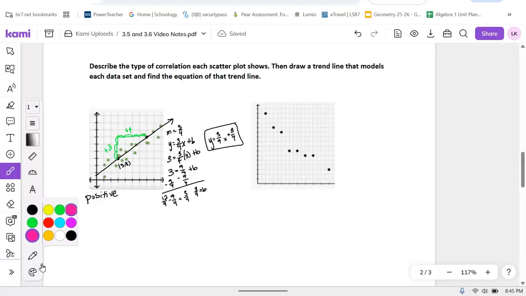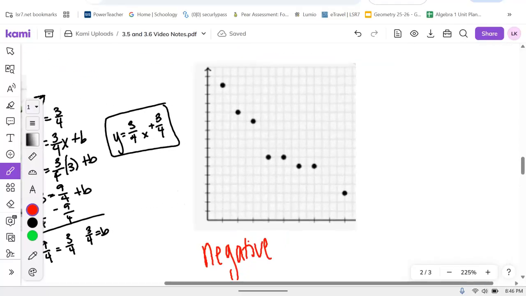Alright, now let's look at, I'm going to use red for this one. This is going to be a negative, because as your x's get higher, your y's get lower. And here's a point, and there's a point. So down 5, over 6.